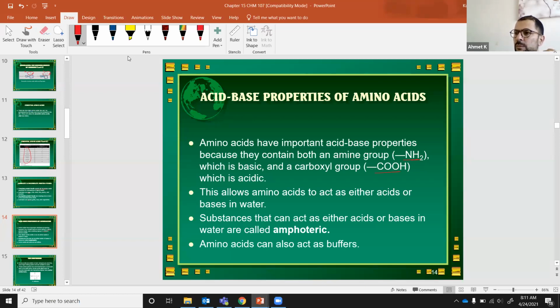If a chemical acts as either an acid or a base, because we have never seen acid and base in the same molecule, right? We said there's an acid, there is a base, but as you can see, amino acids have both of the functional groups. So therefore, we call such a molecule amphoteric.